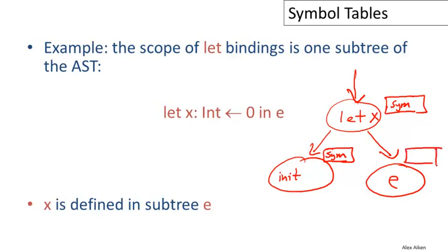But when we do that, we're going to pass in the set of symbols that are in scope, but also, X is now going to be in scope. So X is going to be added before we process E to the set of symbols. And then when we return from the subexpression E, it's going to be removed. And so we'll restore the symbol table to its previous state, so that after we leave this subtree of the abstract syntax tree, we only have the same set of symbols defined that we had before we entered it.